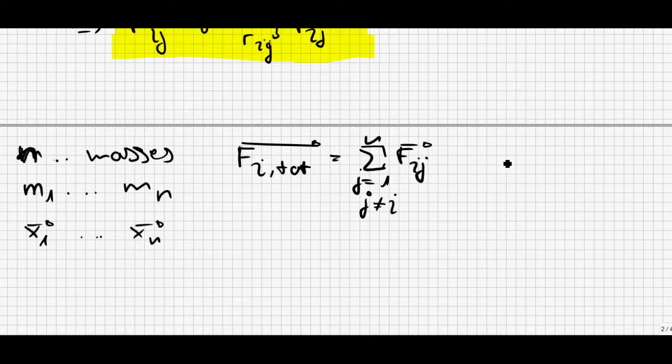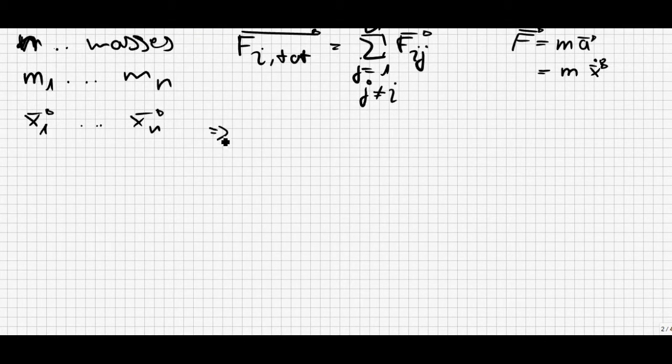Okay, a very well-known concept in physics, the Newtonian law, is that force is always equal to the mass of whatever it's acting on times the acceleration of it, and that works with vectors. And acceleration is just a second derivative with respect to time of the position of whatever our force is acting on. So that's m x vector dot dot. We can now use this knowledge and write this as mi, the mass of whatever that force is acting on, times xi vector dot dot, second derivative, so acceleration.